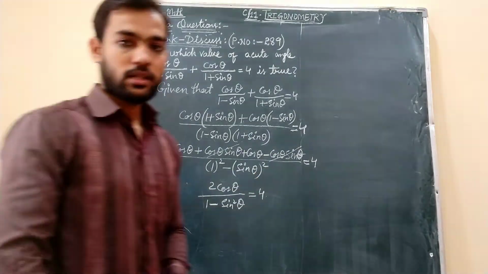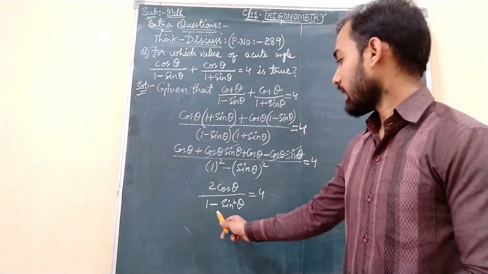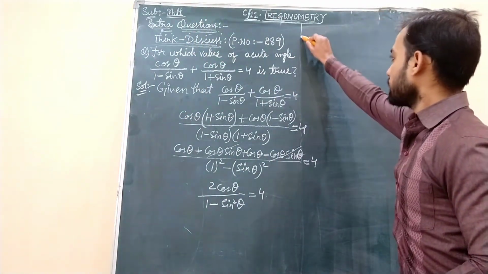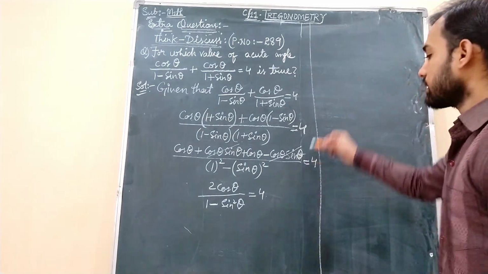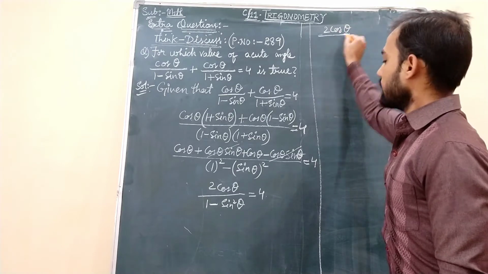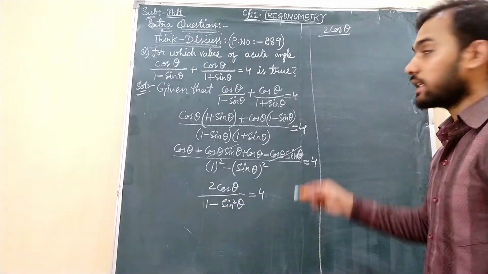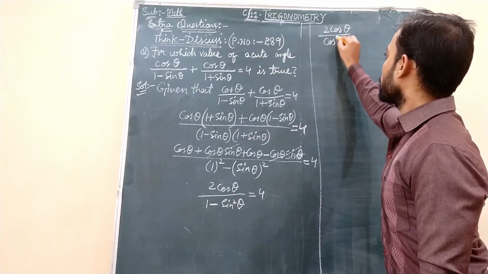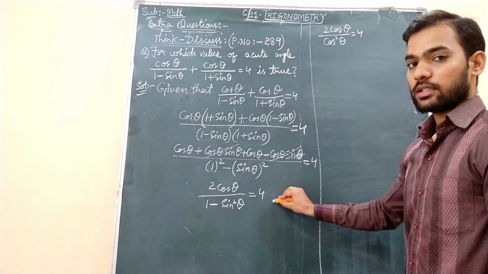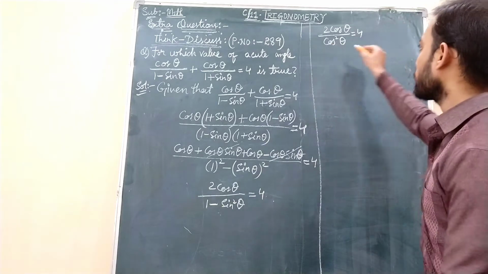Okay students, so now this 1 minus sin square theta needs to be changed. So there is our first identity that says that 2 cos theta divided by 1 minus sin square theta can be written as cos square theta, equal to 4 as it is. Now we will see how this became cos square theta.